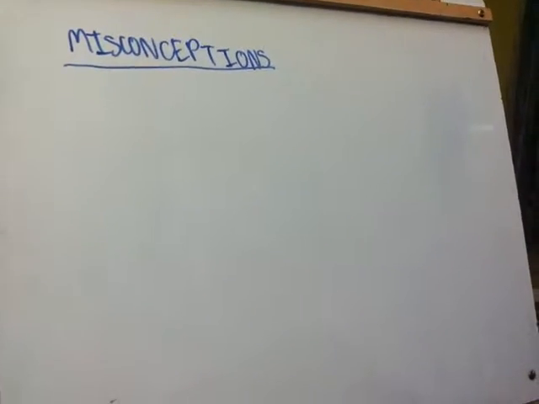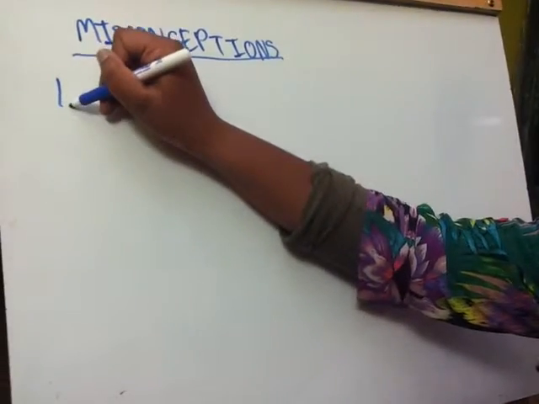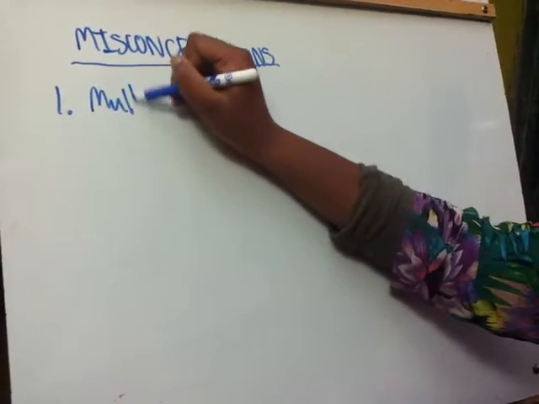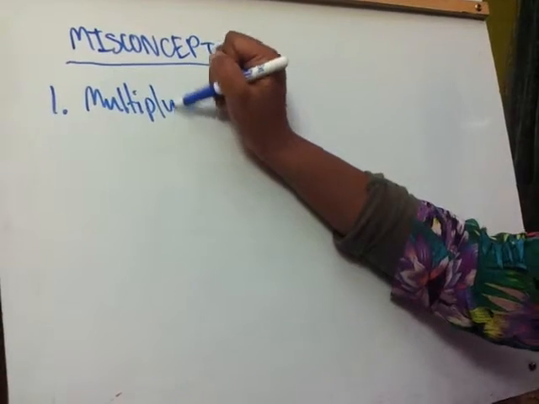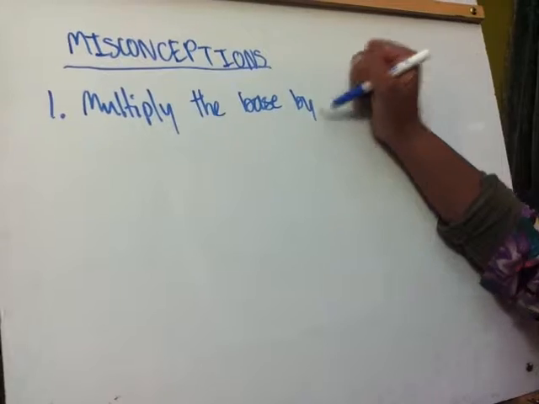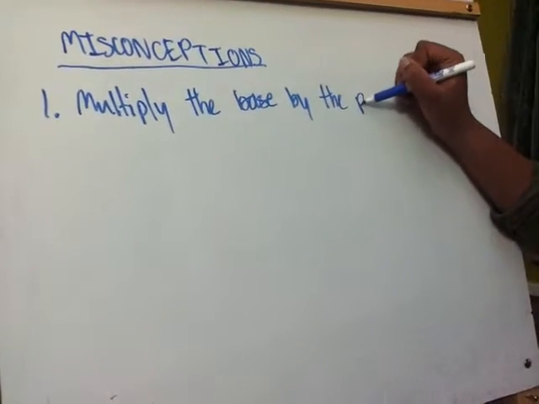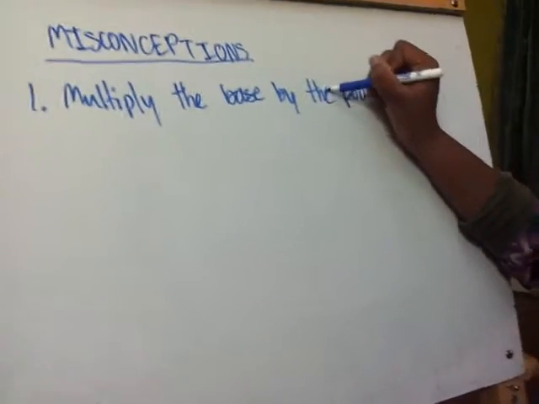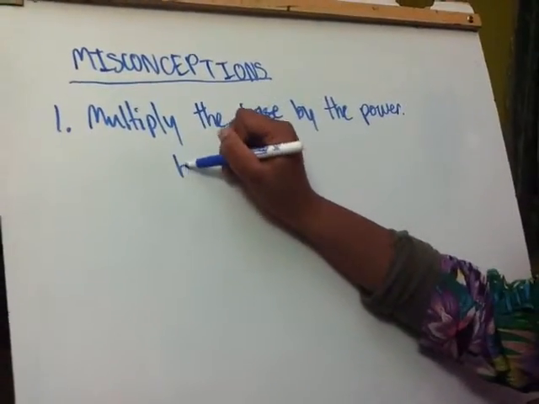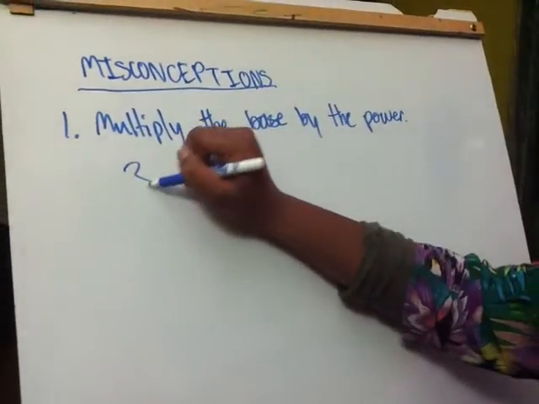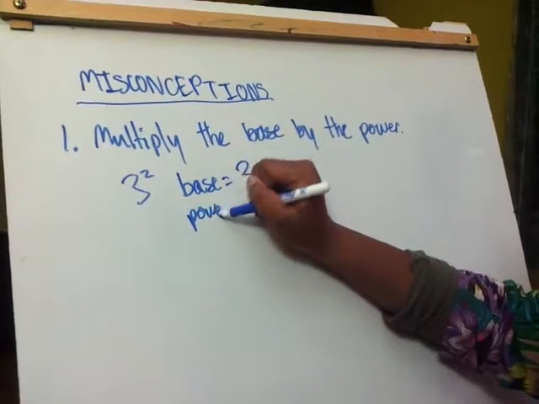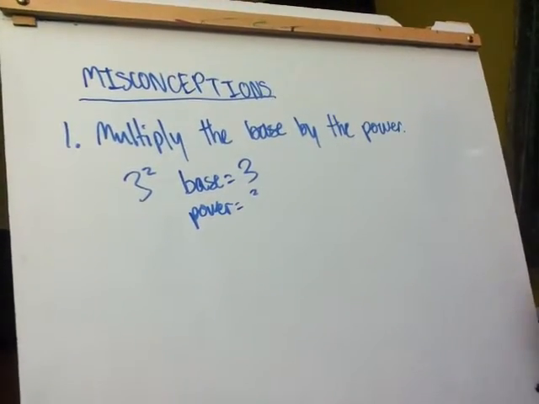Beginners might think that for exponents, you multiply the base by the power. But actually, in 3 squared, the base is the 3, and the power is the little squared symbol.